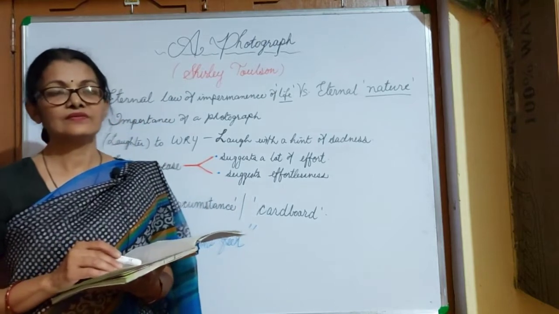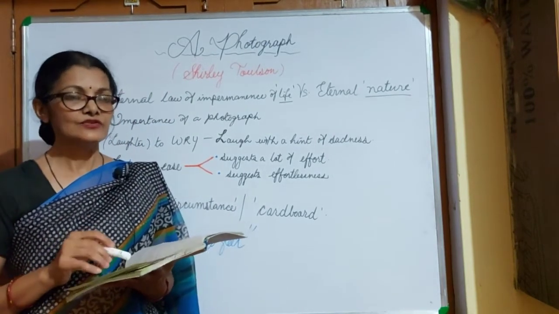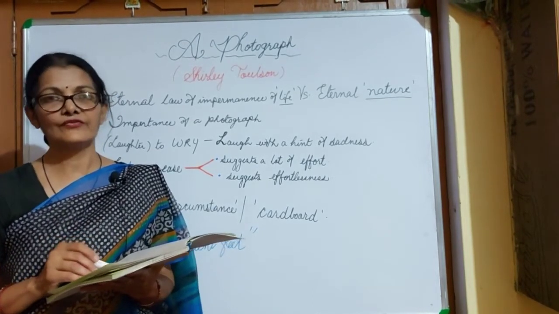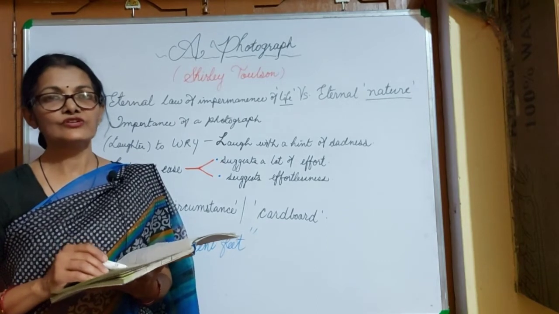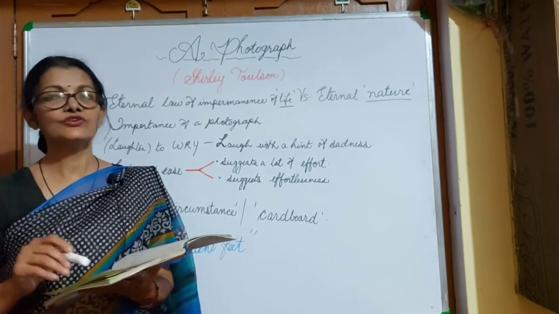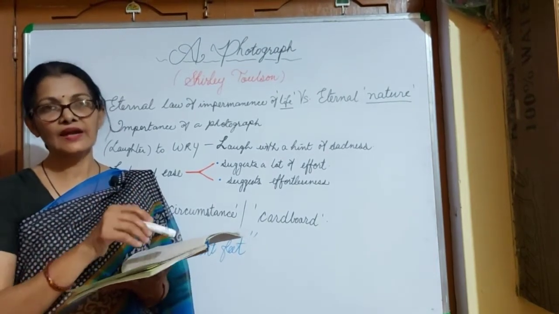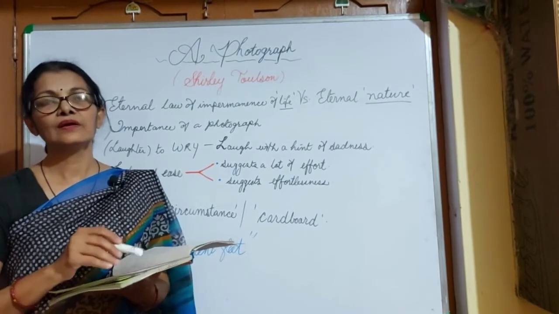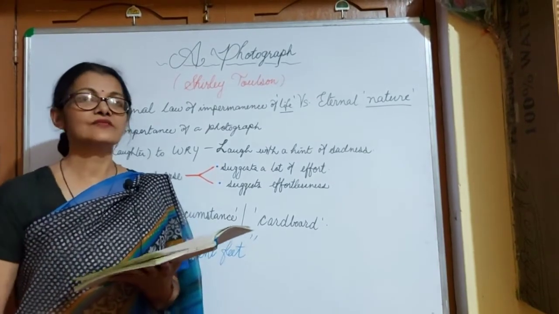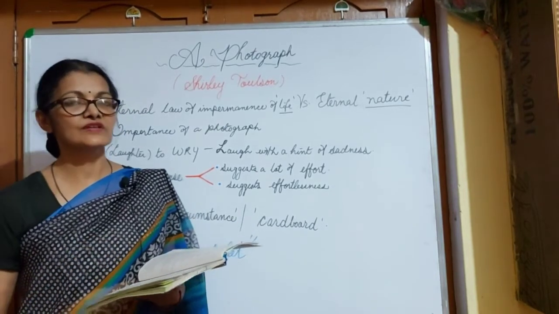Children, these two lines are very important, because they show the transience of life. That is, life is very short-lived, and nature is eternal. So here it shows the contrast between the life of a human being and the eternal nature of nature itself. Nature never dies, it doesn't change.